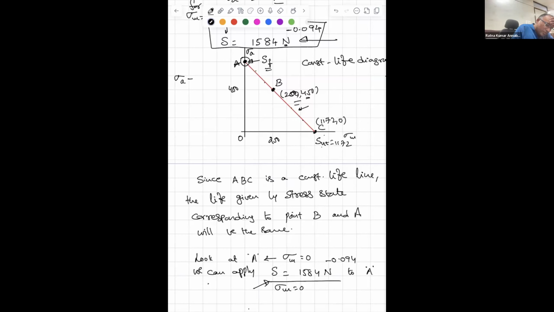Y minus Y1 is equal to M, and M is Y2 minus Y1, that is 450, divided by X2 minus X1, which is 200 minus 1172, into X, sigma m, minus X1, which is 1172. Agreed?